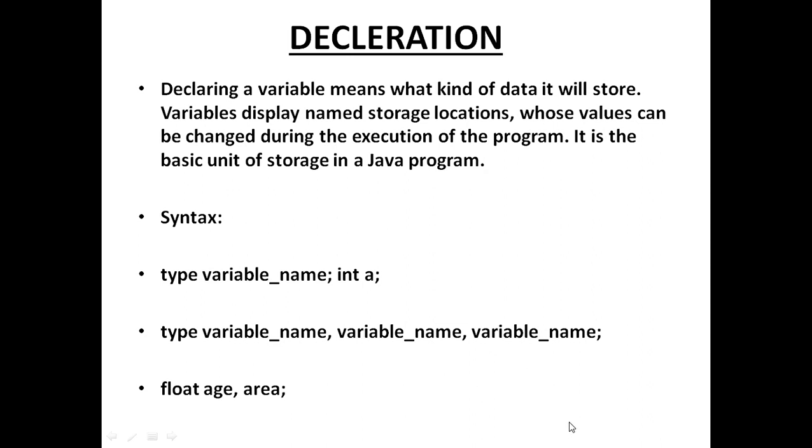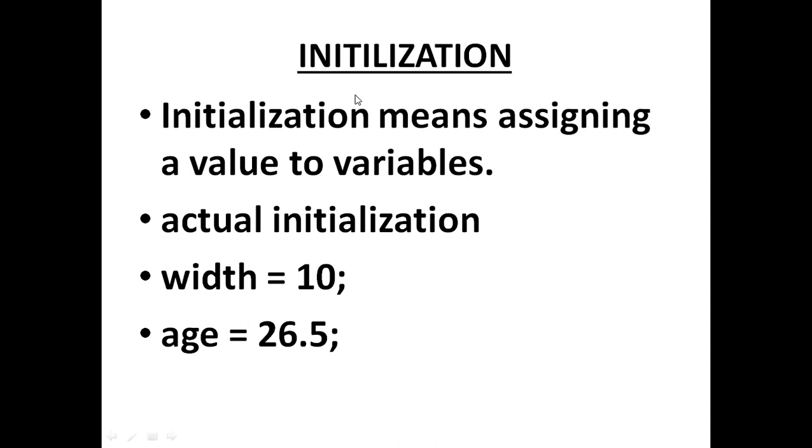Next, initialization. Initialization means assigning a value to a variable. For example, width is a variable name and we can assign 10, which is a value. When a variable is given a value, that is initialization.